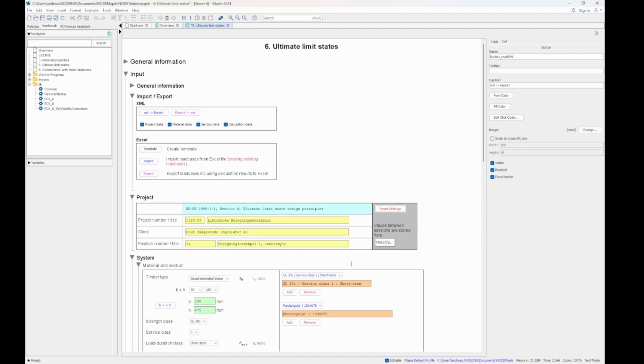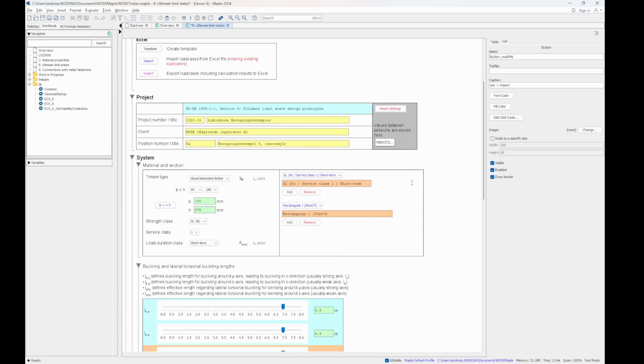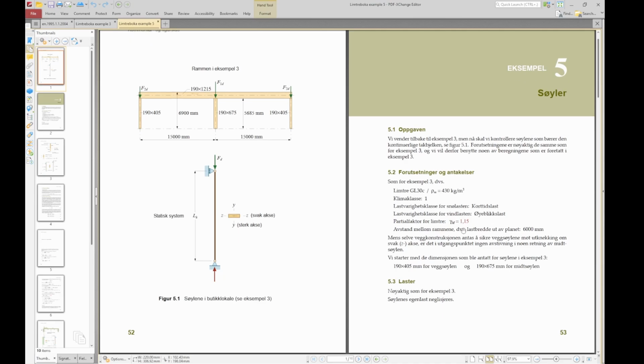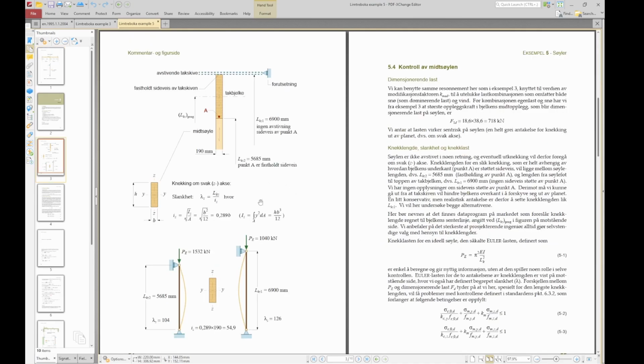This is in Norwegian "inner søyle". For the definitions of the inner column, if we go back to the example, as always, the left hand side shows the example, the right hand side shows the calculations. Then we have the inner column shown here, the midtsøyle.